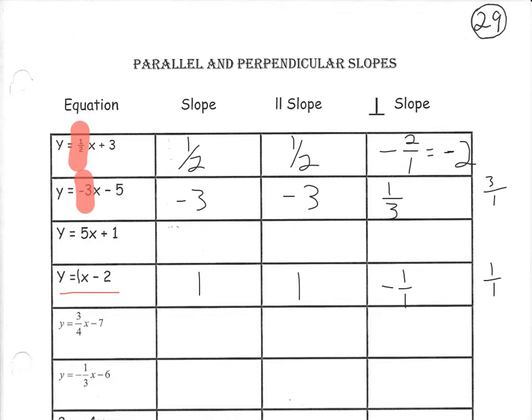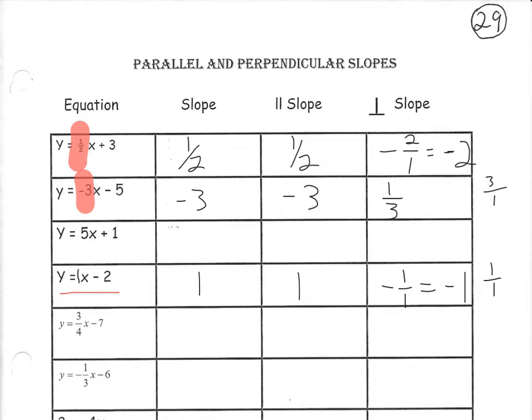Now, remember, we always simplify if we can. So 1 over 1 happens to be 1. So my perpendicular slope when I'm finished is -1. And that tends to confuse people a little bit because you're going, "Mr. Mitchell, all I did was change from positive to negative."